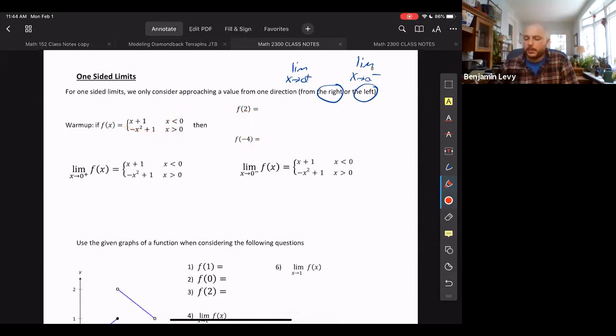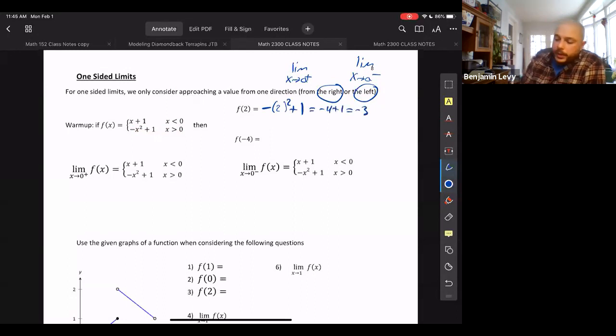I'm going to write that stuff down, just setting up the idea. If we plug 2 in, we use the bottom piece, and it becomes that. These are called piecewise functions because they're in pieces.